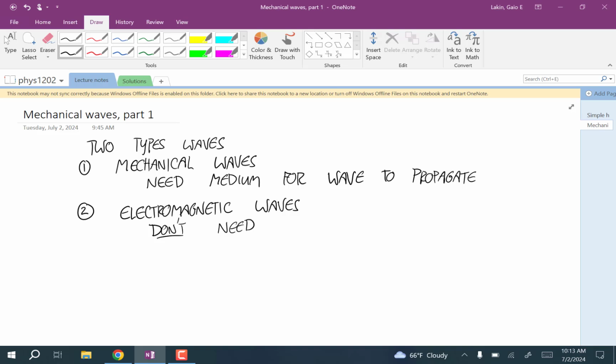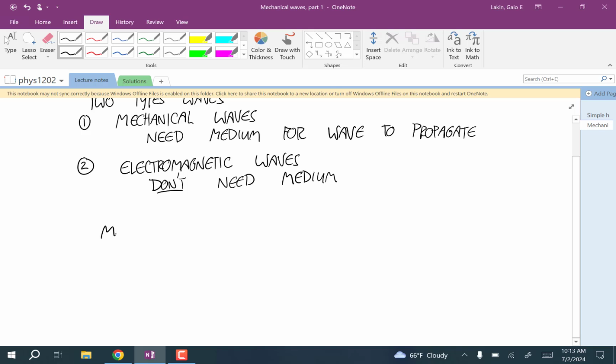They can transfer through empty space. And that's very good news for us because all of the energy and life on Earth comes from electromagnetic waves transferring through empty space from the sun. So we're going to start with mechanical waves.